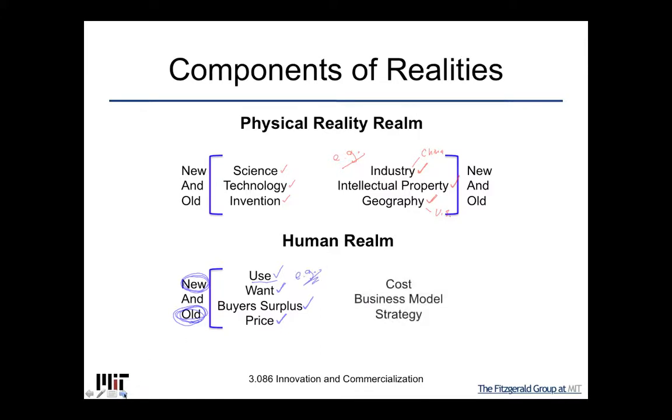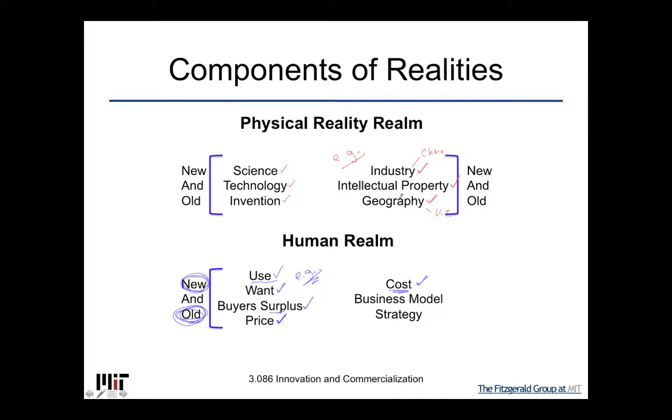And then in the human realm, we have also things like cost. Now notice here that even though I have price over here in the human realm, how much am I willing to pay to get the buyer surplus? I still have to make the thing, and it costs me a certain amount. Now that's not really the same kind of category, right?